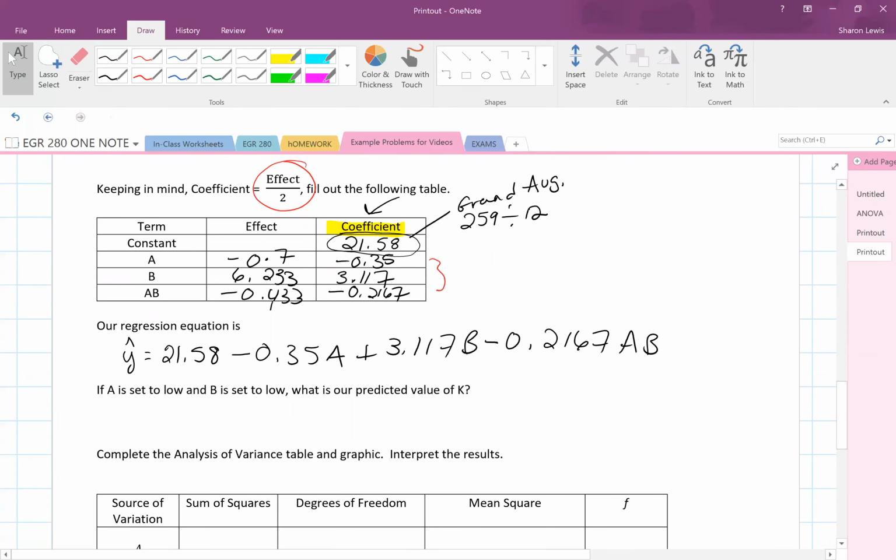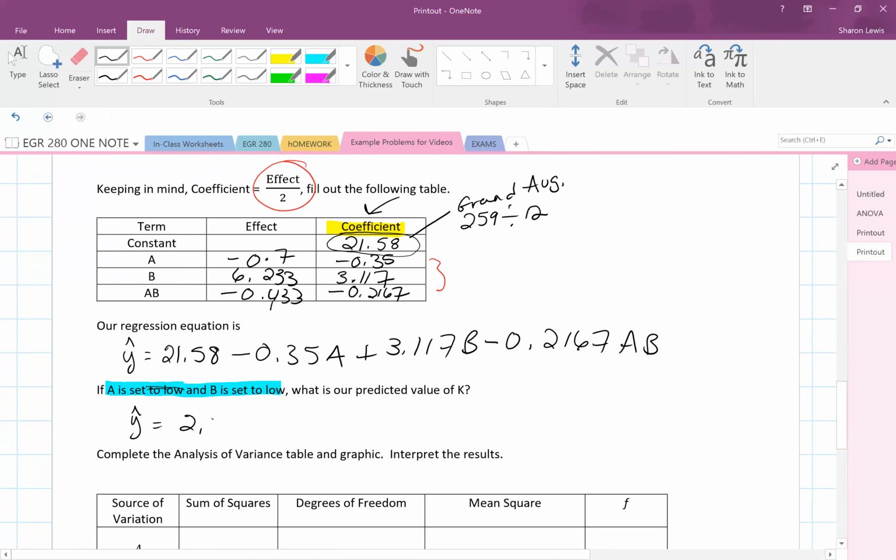So let's just put it to use. How do we use that? Let's set A to low and B to low, so they're both set to their low value. Then we substitute in a -1 for the low level and a +1 for the high level.